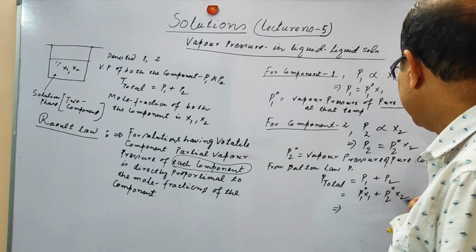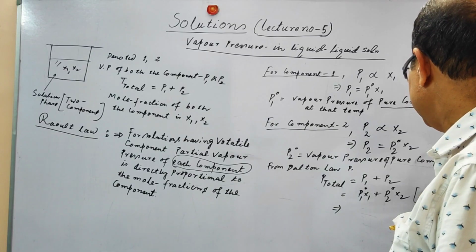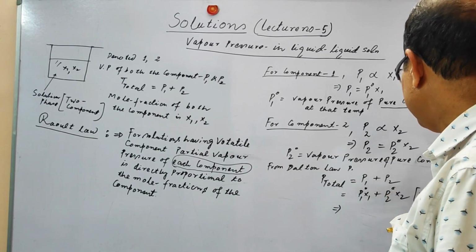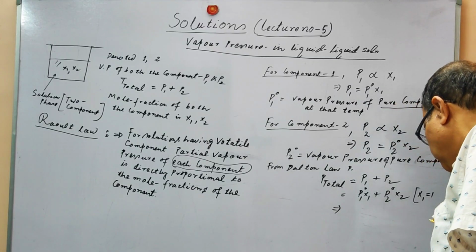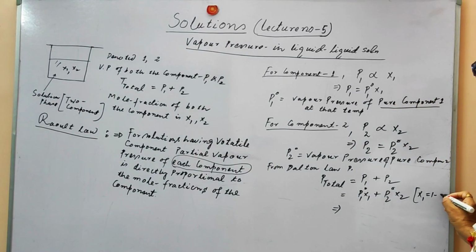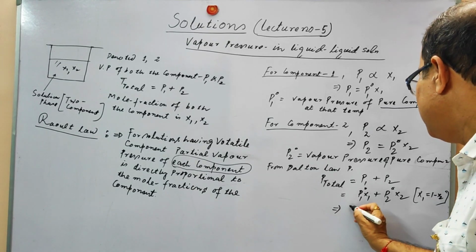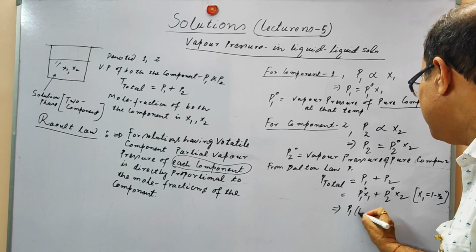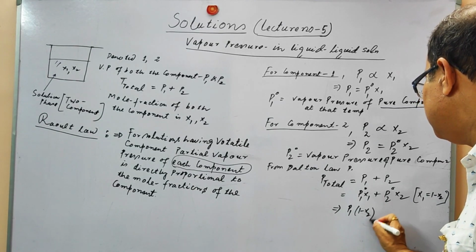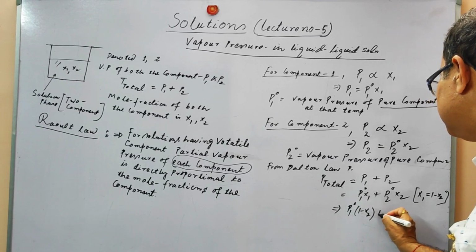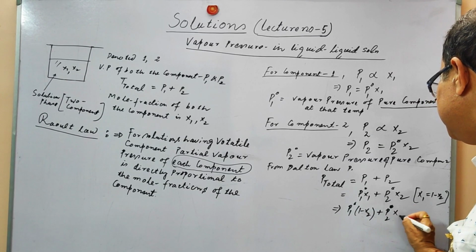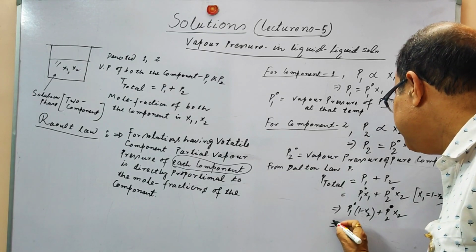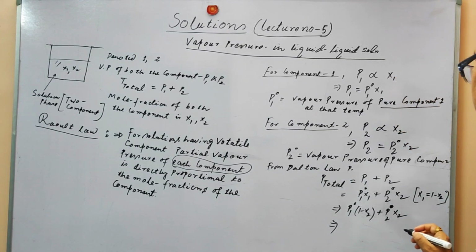Now we know the mole fraction of component 1, x1, can be written as 1 minus x2. So we can write P1°(1 minus x2) plus P2° into x2.